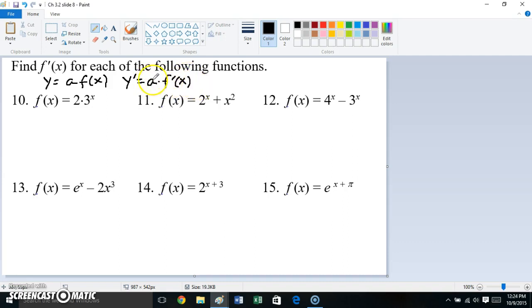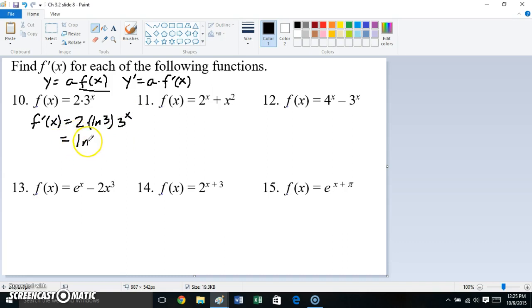Same rule applies no matter what function f of x is. So here we have a coefficient times 3 to the x. Its derivative is the coefficient times the derivative of 3 to the x, which is the natural log of 3, times 3 to the x.